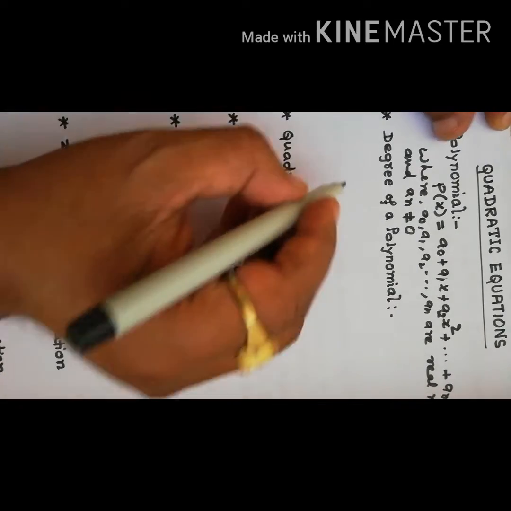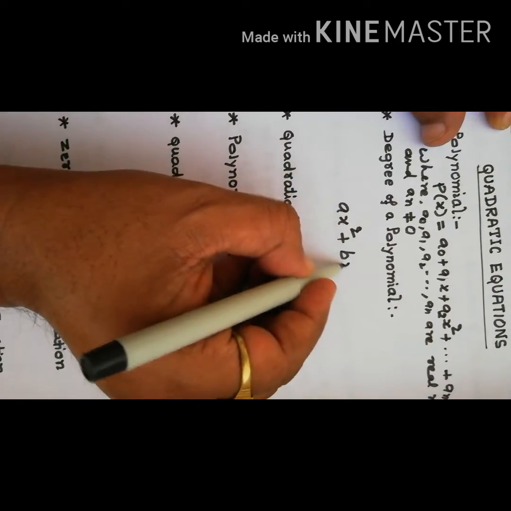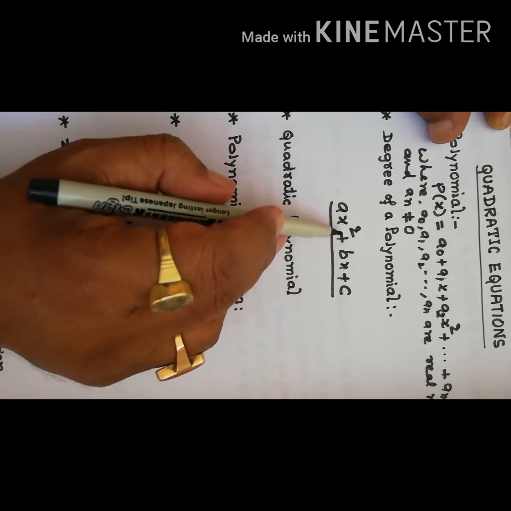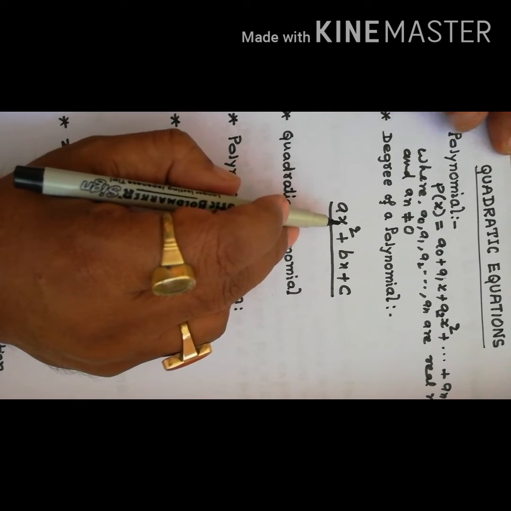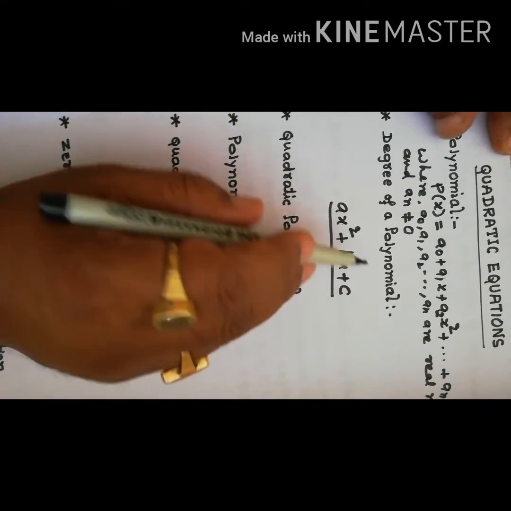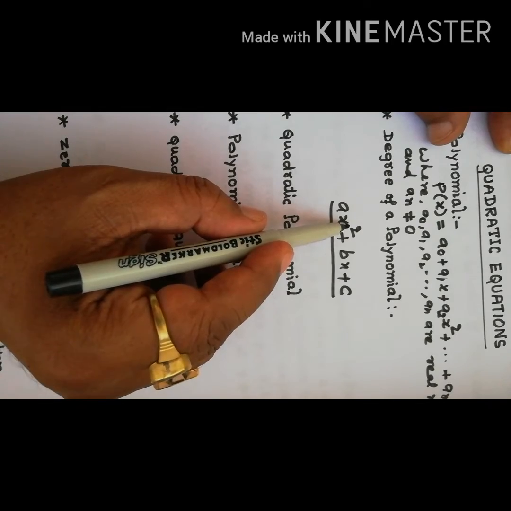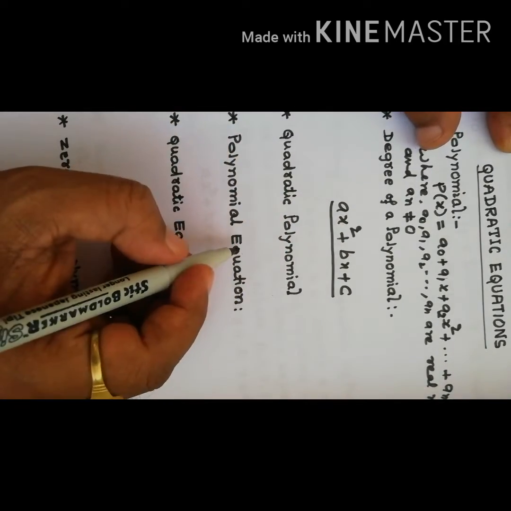Now, suppose ax square plus bx plus c is a polynomial and the highest power of x is 2, so the degree of this polynomial is 2. And since the degree is 2, this polynomial is called a quadratic polynomial.